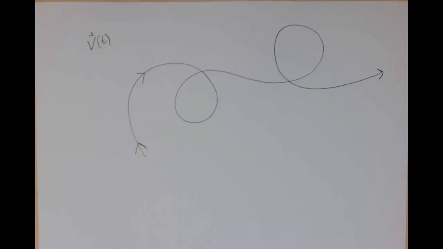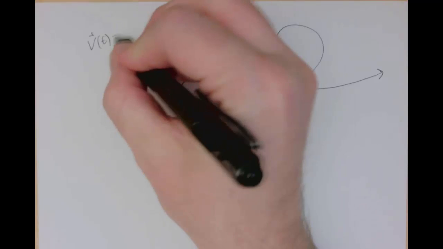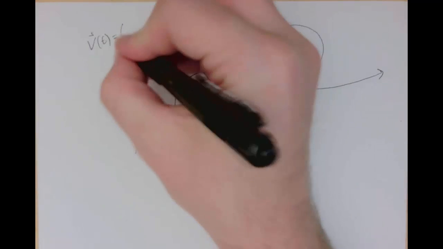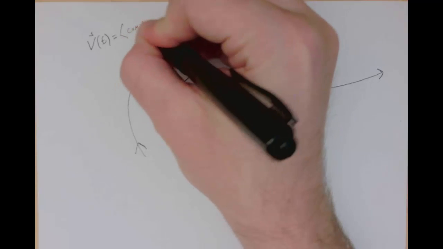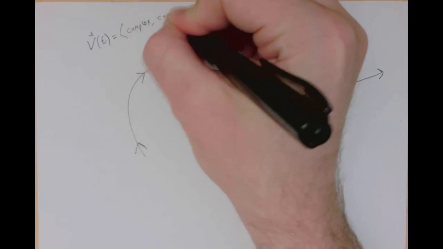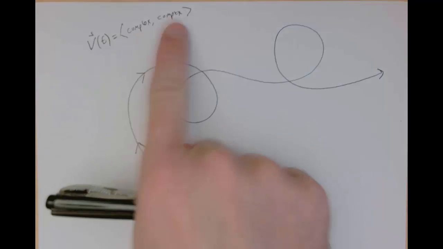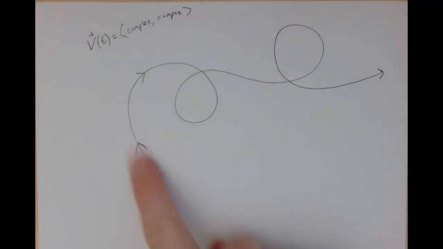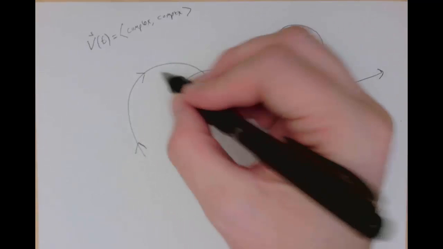Okay, last of all, let's think about the speed of something that's following some kind of crazy trajectory. So let's pretend that I've got a vector v that's got a very complicated equation, and it's tracing this thing out. So how could I know how fast it was going at a particular moment?